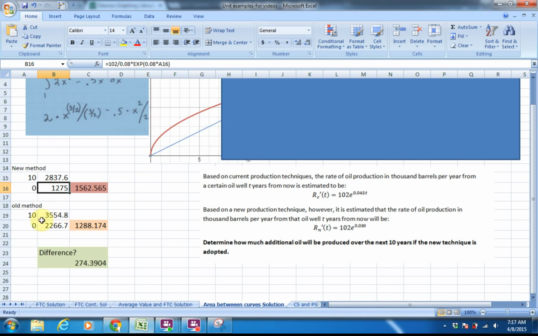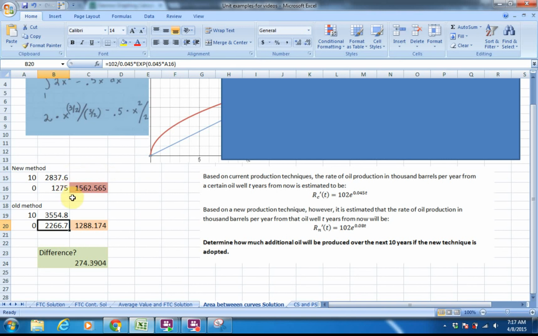In the old method, we do the same thing. So here's my antiderivative for the old method. Double click down, and we can see that the old method is only going to give us 1,288.174 thousand barrels. But the question was, determine how much additional oil.